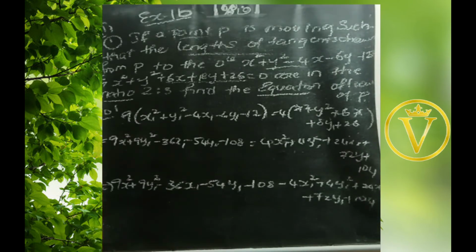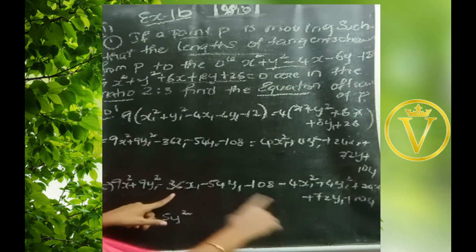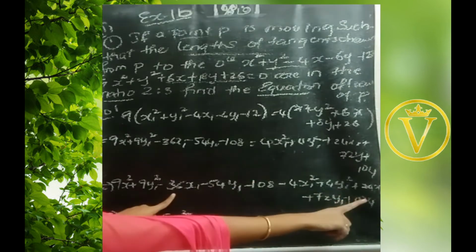Okay. Now 9x square minus 4x square is 5x square. Here also 5y square, minus 36x1 plus 24x1.